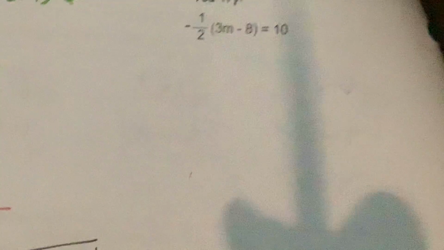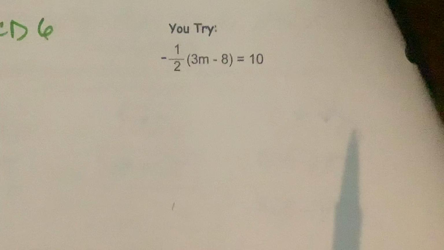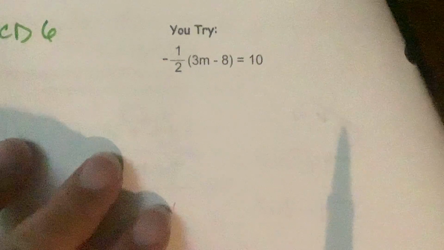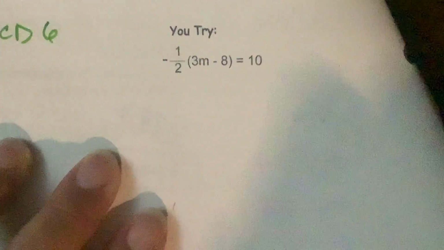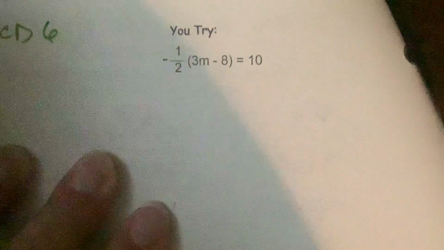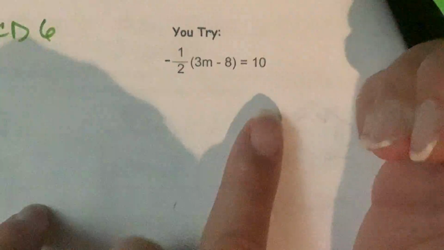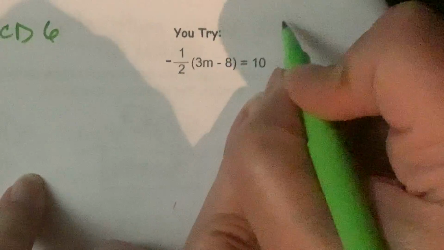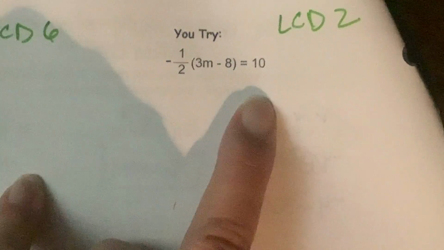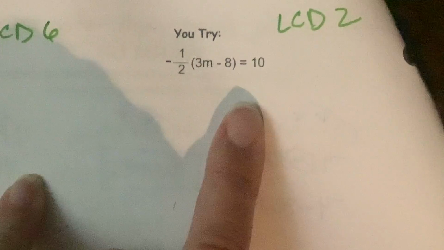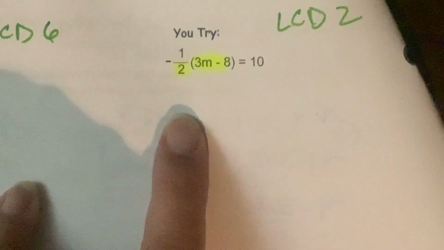Okay. I hope you tried it. I really do. Now, I have an exponent. I have a denominator. I have to get rid of that denominator. So, I'm going to multiply times my least common denominator, 2. And remember, a lot of this does not get multiplied. The denominator does not get multiplied, and what's in the parentheses does not get multiplied.